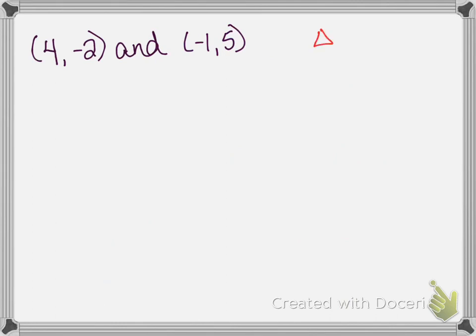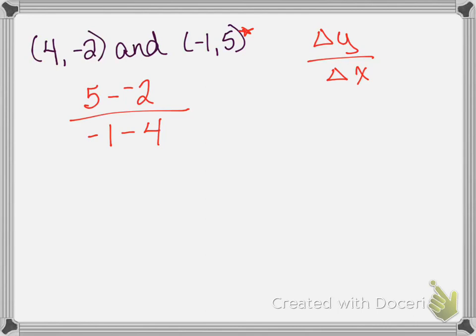Okay, let's do the next one. So I've got change in y over change in x. I'm going to start with this point right here. So I've got 5 minus negative 2. Then I've got negative 1 minus 4. 5 minus negative 2 becomes positive. Negative 1 minus 4 is negative 5. Okay?